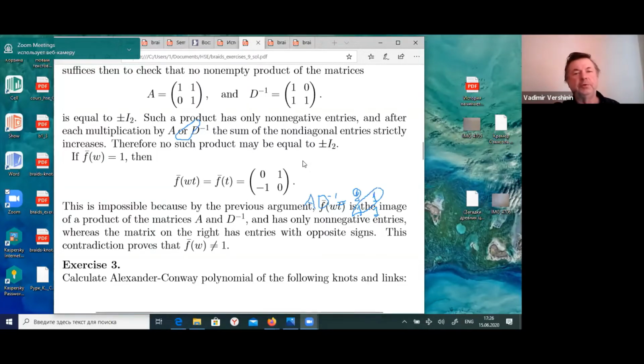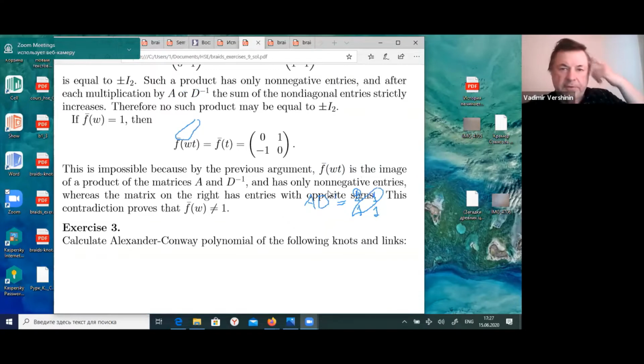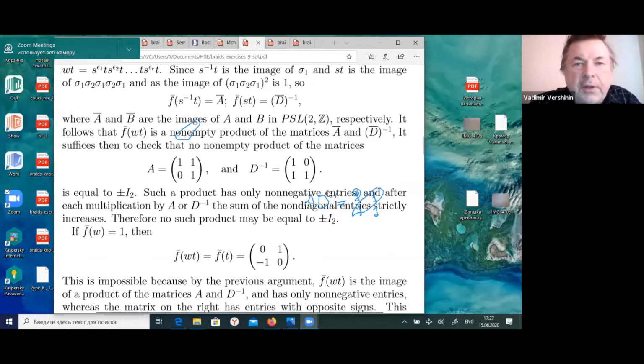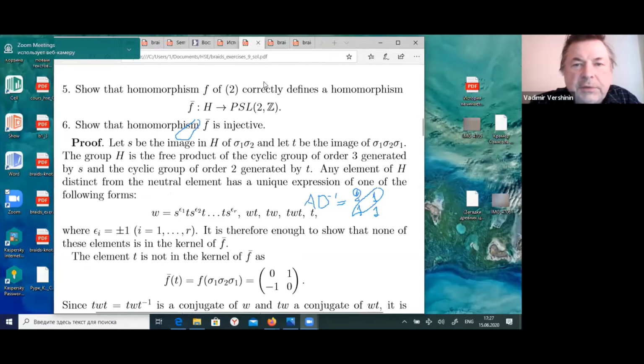If you have this product, all will be of the same sign, whether you consider E plus 1 or E minus 1. So this proves that this is impossible. So this is the exercise.